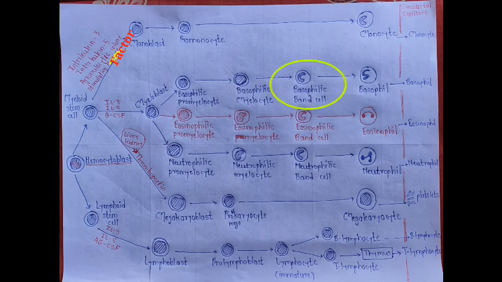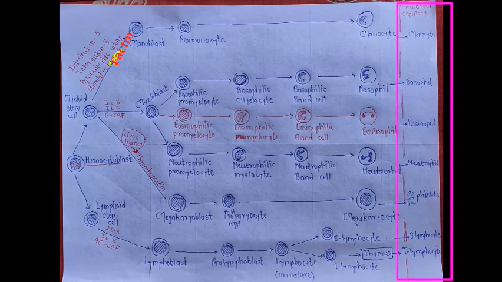So these cells are called basophilic band cells. Later on, after maturation, it gives rise to basophil, which has a more condensed, S-shaped nucleus. After maturation, basophil enters the bloodstream by sinusoidal capillary.